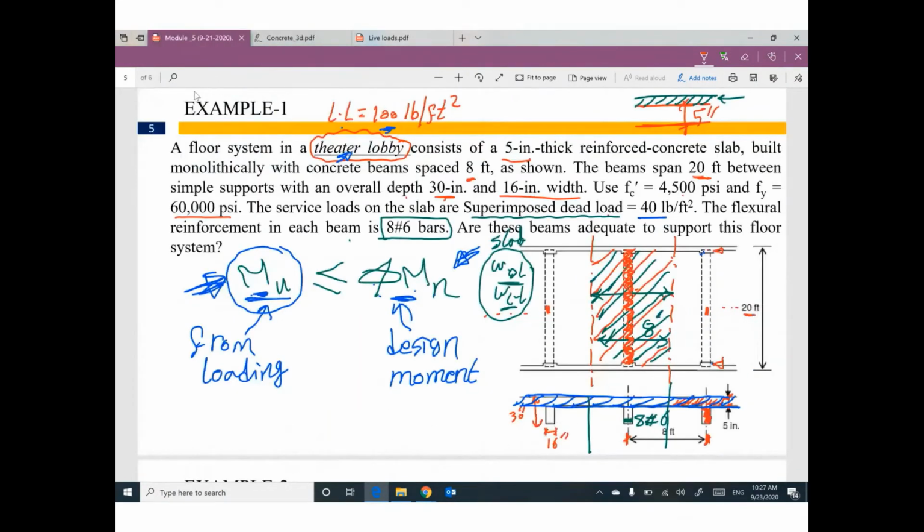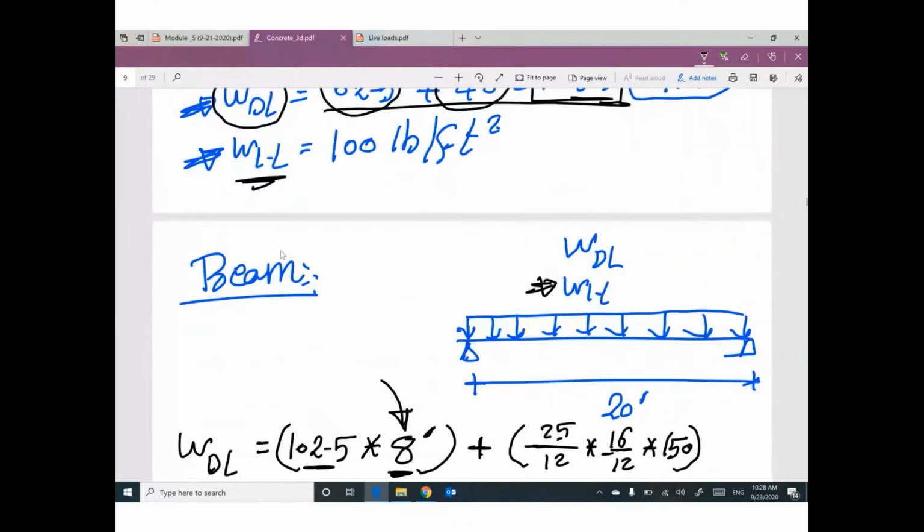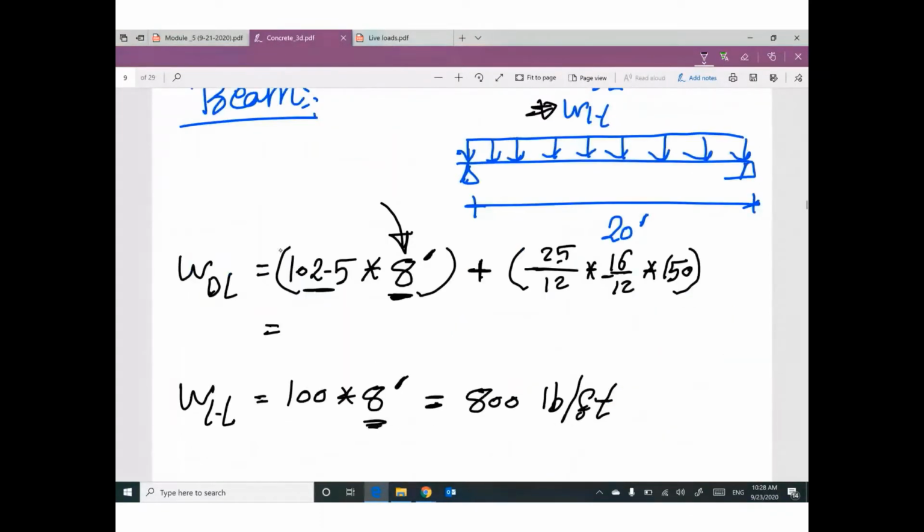If you multiply this live load by this width, I can convert this live load to be uniform distributed load on the beam. So this live load from the slab times the width of the area assigned to the beam, I can convert this to be uniform distributed load. Any question for this point?